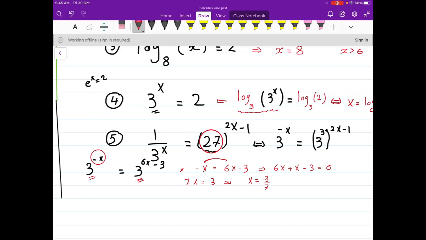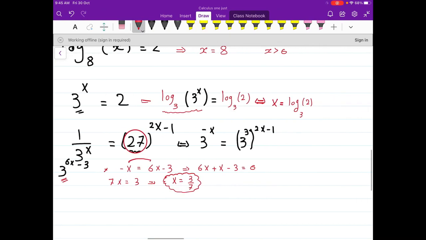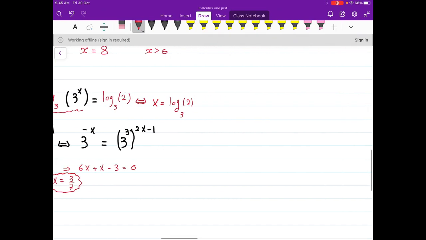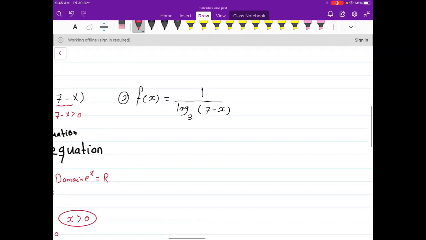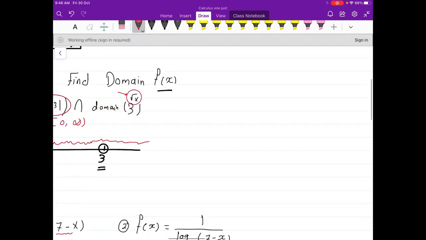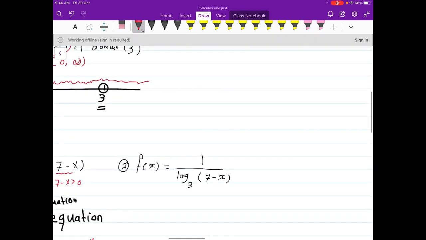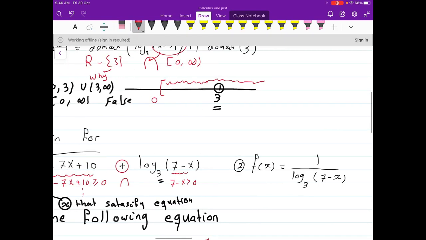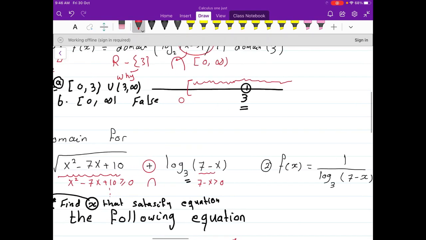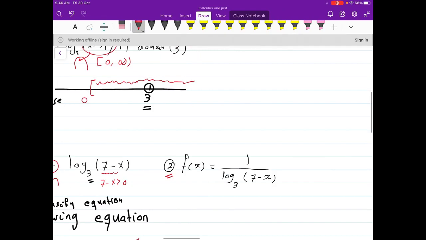Solve this equation, you get x equals 3 over 7. Okay, this equation also is homework: find the domain.